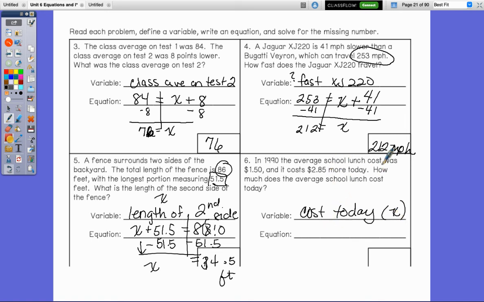And then I know in 1990, it was $1.50. So if I subtract $1.50 from today's cost, that's going to equal how much more it is today. How do I solve this? I draw my line down, and I'm going to add $1.50 to both sides. And I find out that the cost of school lunch today is $4.35.